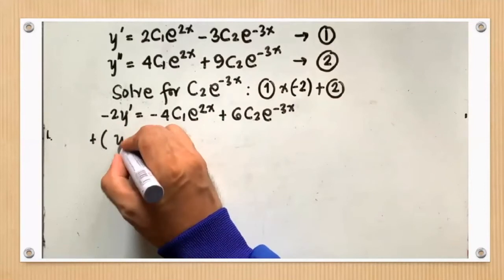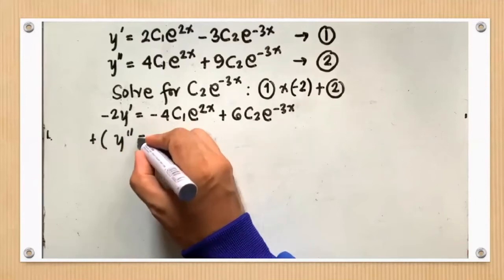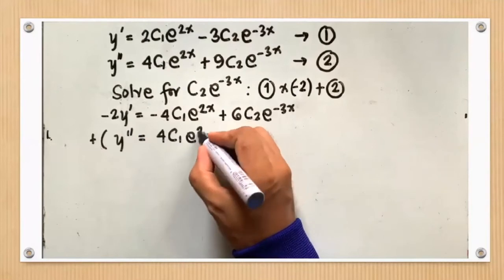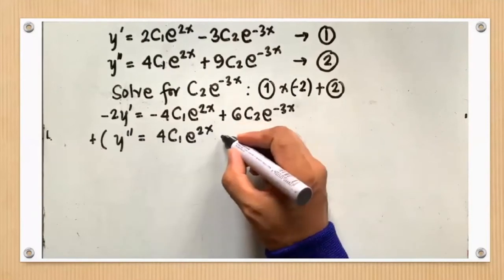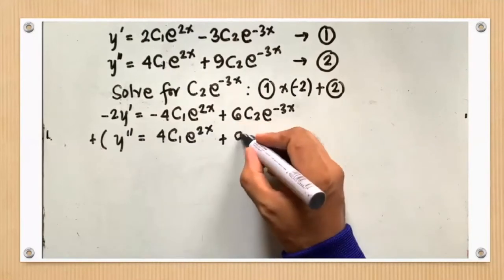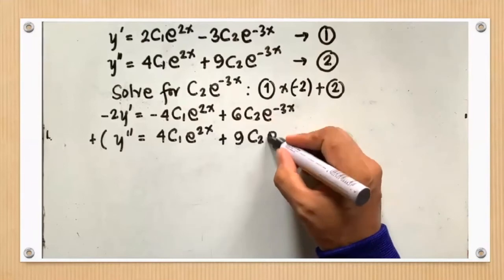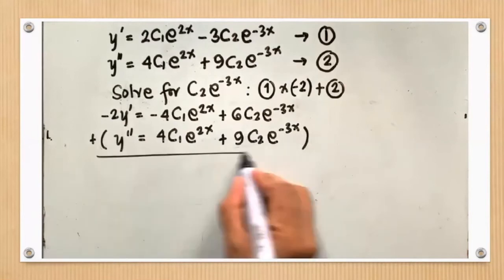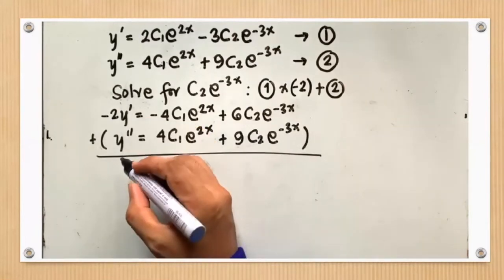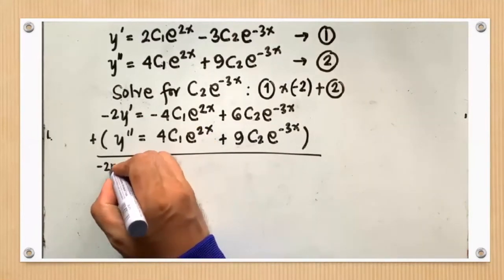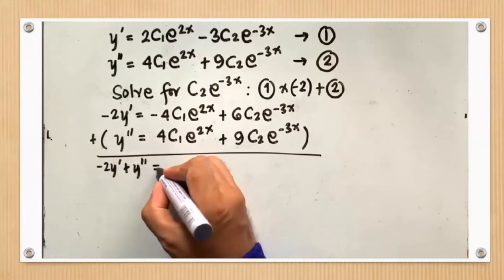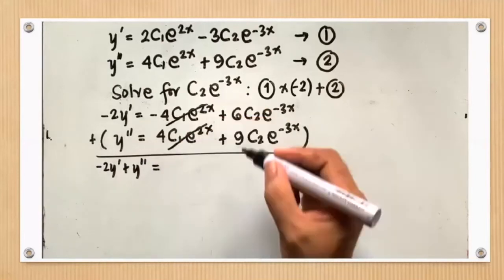And then we add equation 2. Y double prime equals, just copy, 4 c sub 1 e raised to 2x plus 9 c sub 2 e raised to minus 3x. So we just add them, combining like terms here. So minus 2y prime plus y double prime equals, so minus 4 plus 4, we cancel the c sub 1.